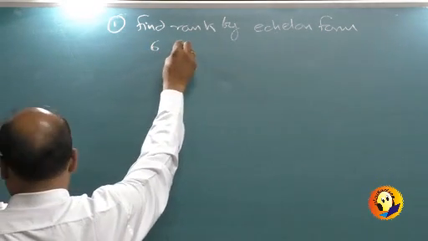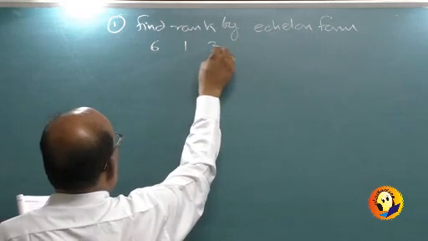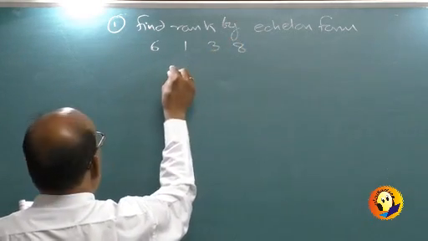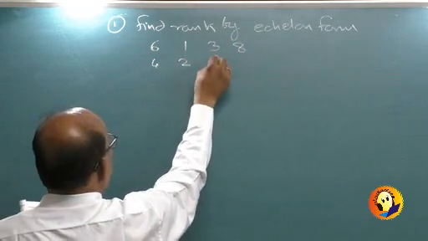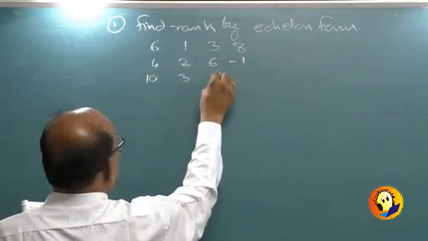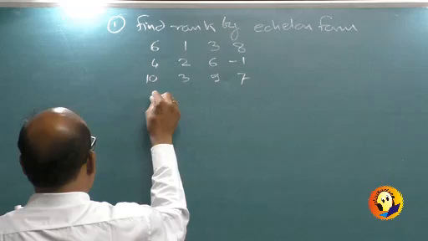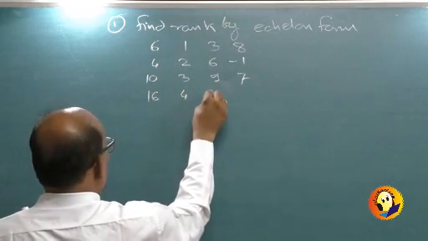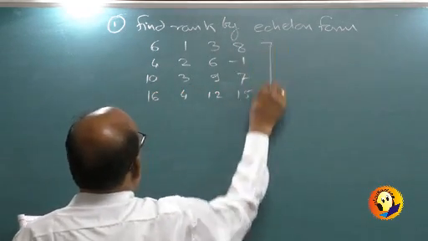The matrix is 6, 1, 3, 8; 4, 2, 6, minus 1; 10, 3, 9, 7; and 16, 4, 12, 15.